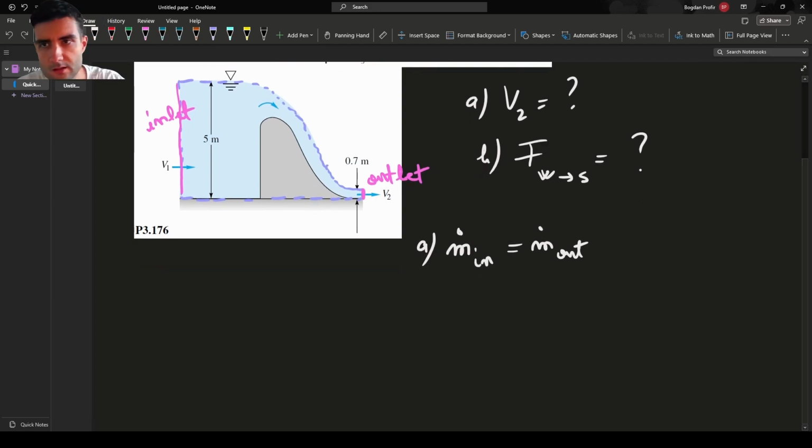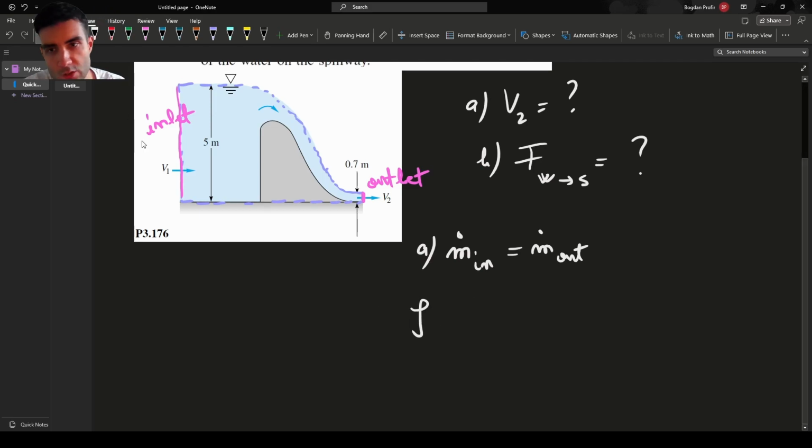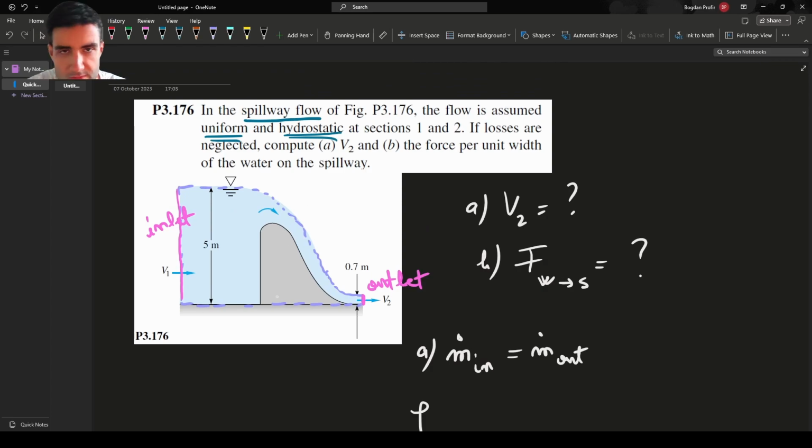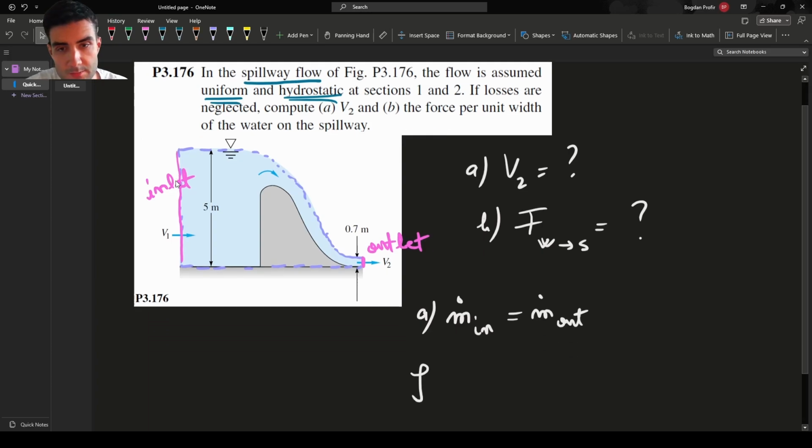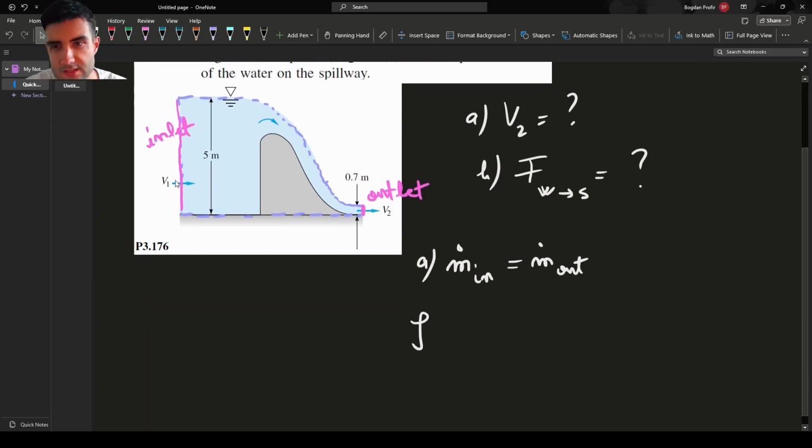So the equation for mass flow rate in isn't anything too difficult, it's just density times the area times the velocity. Now the area is essentially this height of 5 meters times the width, but the width is the same for the inlet and the outlet, so we'll write it down and you'll see that it actually cancels out.